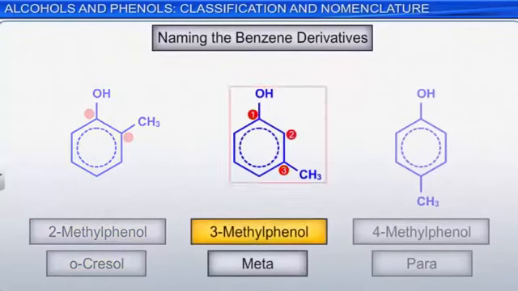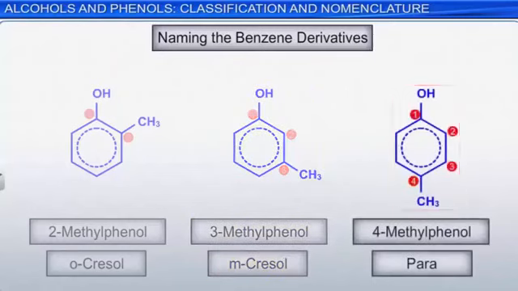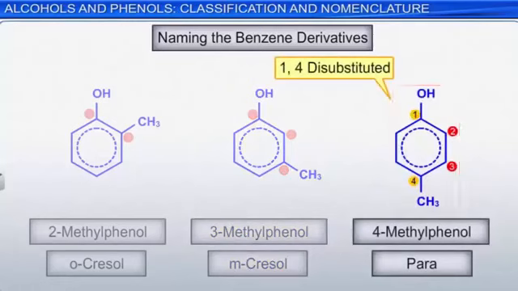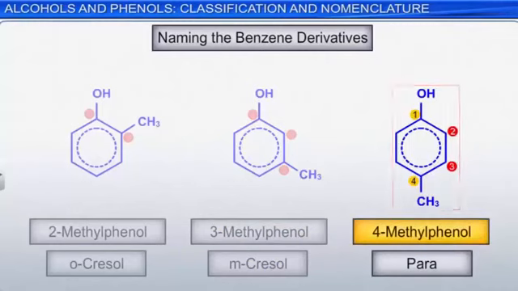So, 3-methylphenol, shown in the center, is also called metacresol. Finally, the prefix para is used for 1,4-disubstituted benzenes. Therefore, 4-methylphenol, shown on the right, is also called paracresol.